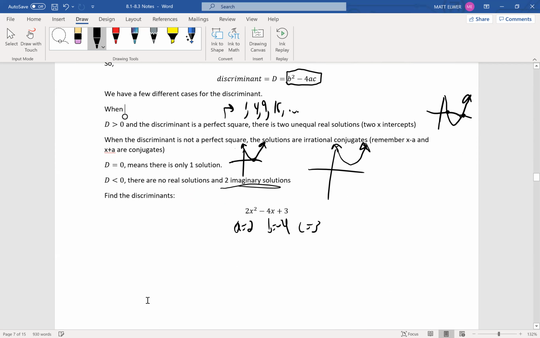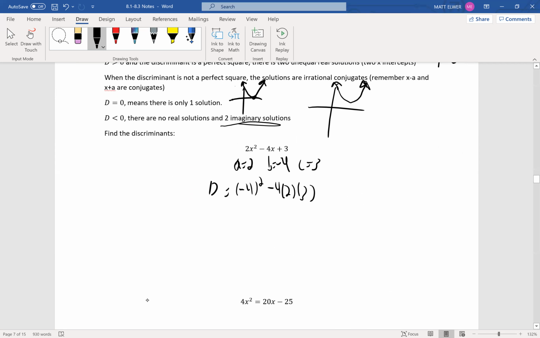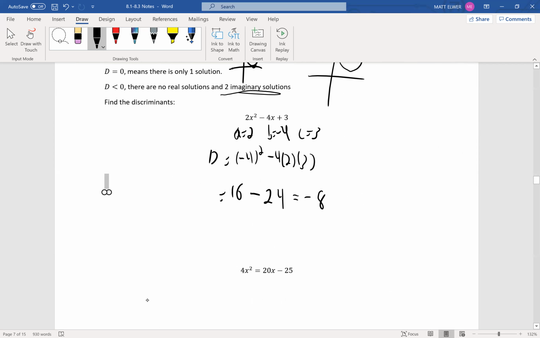So our discriminant d is equal to b squared, so (-4) squared, minus 4 times a, which is 2, times c, which is 3. So we get 16 minus 4 times 3 times 2, which is 24, so minus 24. Notice that that is negative 8. So I found my discriminant: it is equal to negative 8.